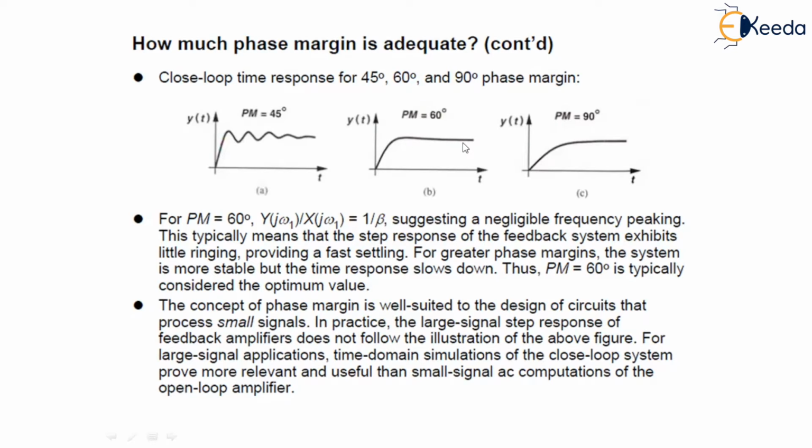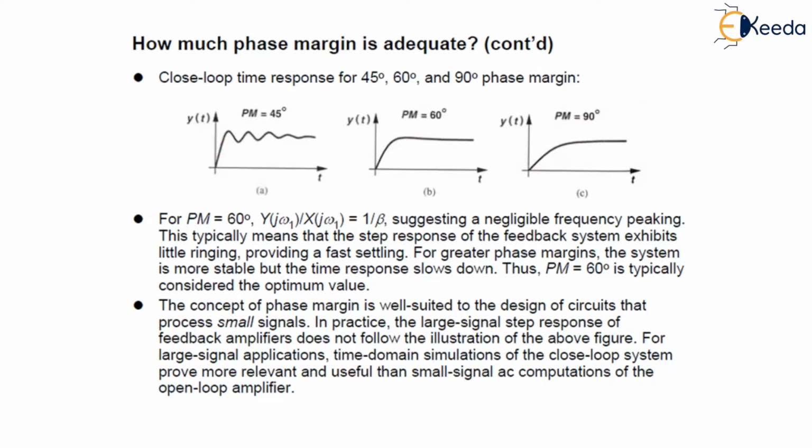Okay, the concept of phase margin is well suited to the design of circuits that process small signals. In practice, the large signal step response of a feedback amplifier does not follow the above illustration, because of the nonlinear behavior resulting from the large excursion in the bias voltage and current of the amplifier.